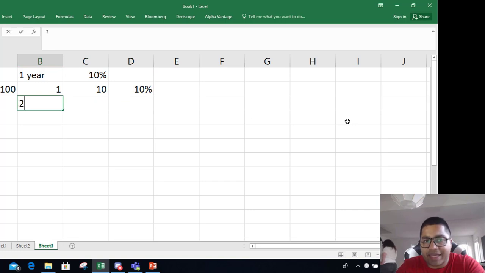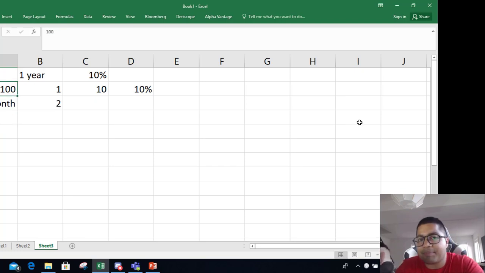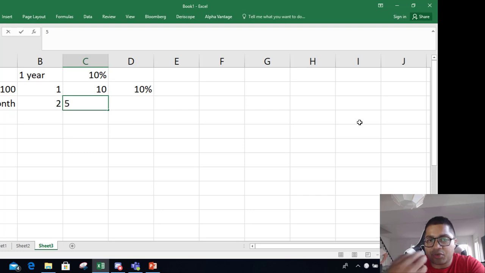But if you are going to make 10% divided by 2, so 5% every 6 months, so you're going to be paid every 6 months instead of getting paid annually. So what would happen? First 6 months get over, you get $5. That $5 you again reinvest at 10%. So effectively what you're making, $5 that you received is going to compound for half a year.